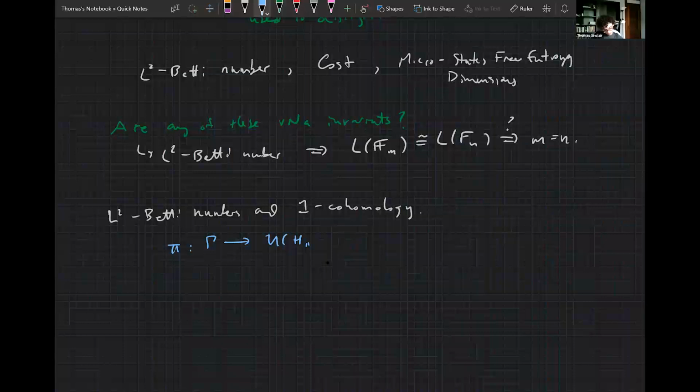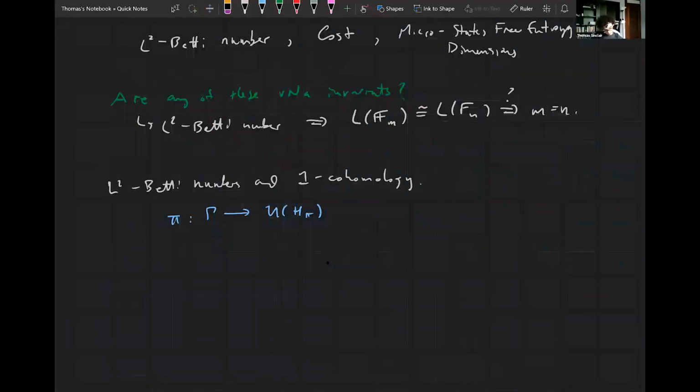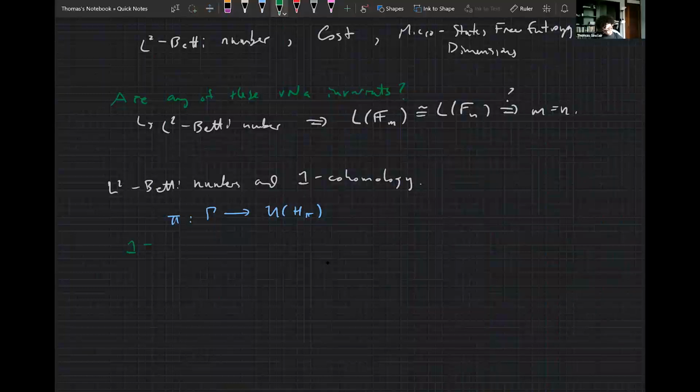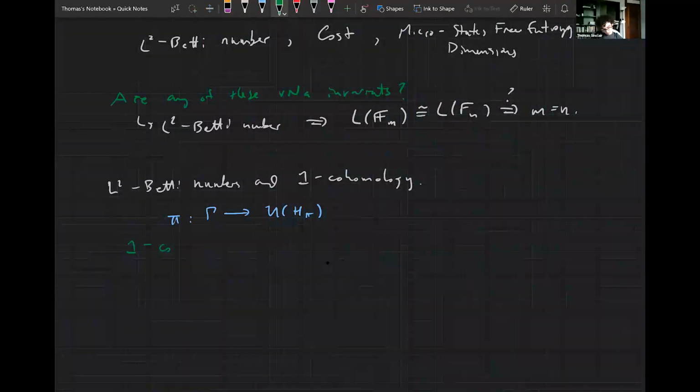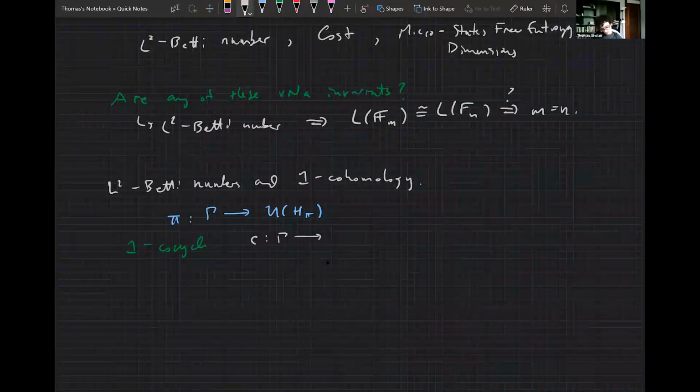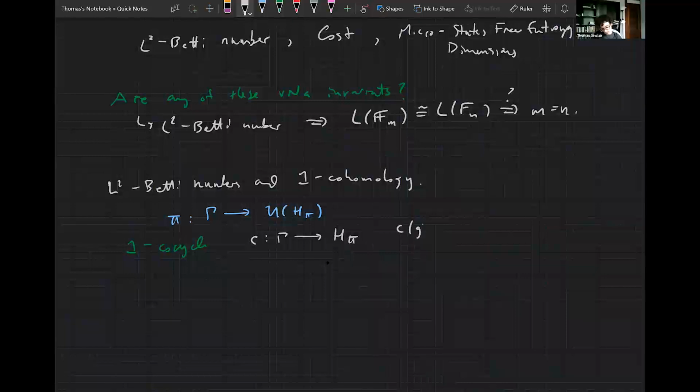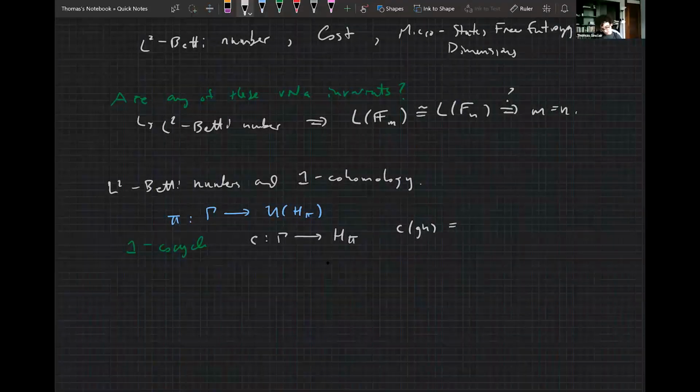So a cocycle, a one cocycle, is a map from the group into the Hilbert space that has this Leibniz identity.